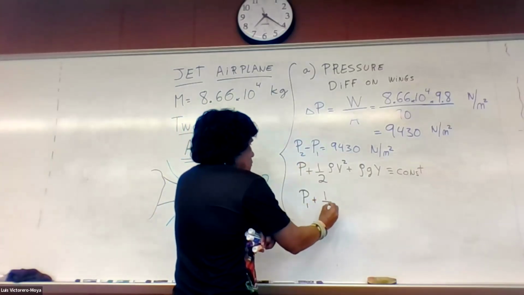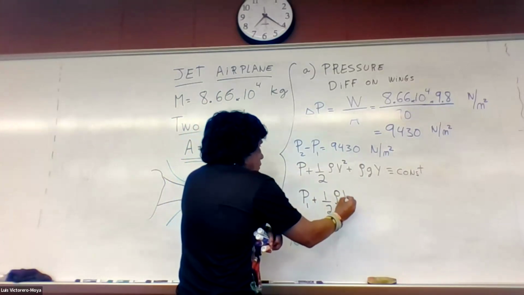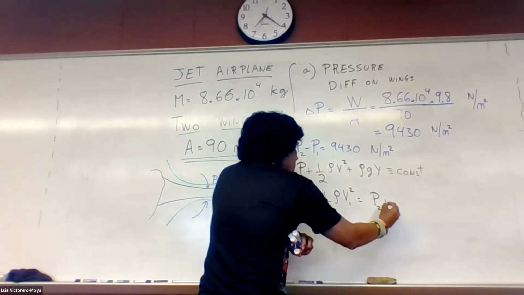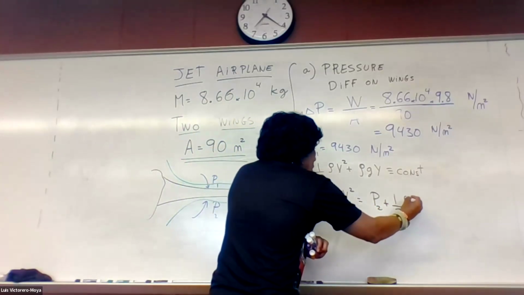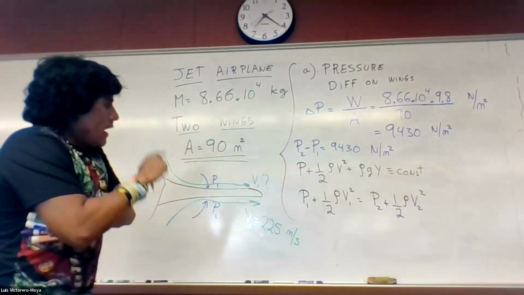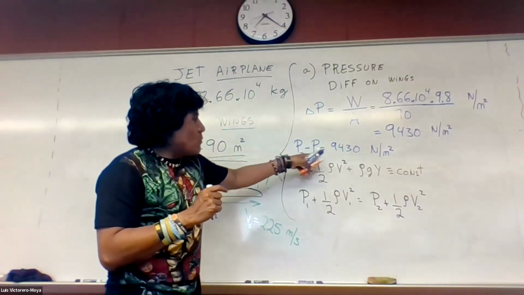I can write this: P1 plus 1/2 rho v1 squared equals P2 plus 1/2 rho v2 squared. And I have P2 minus P1.